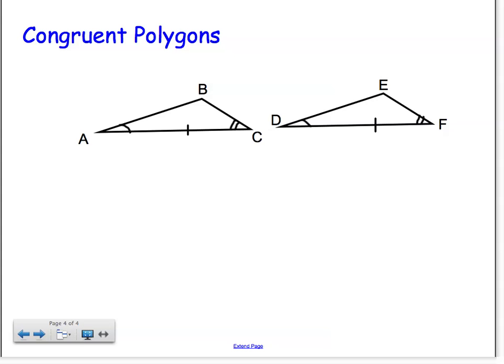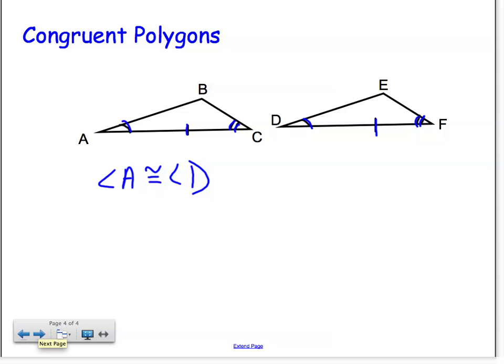So my first step is going to be write my congruent statements. Okay? Remember that these ticks signify that they're equal. When there's two lines, you have to match them up. When there's one, they're equal. So right away, I'm going to say I see angle A is congruent to angle D. Okay?